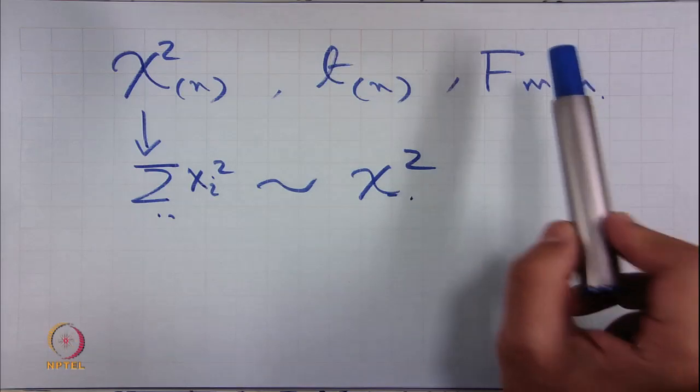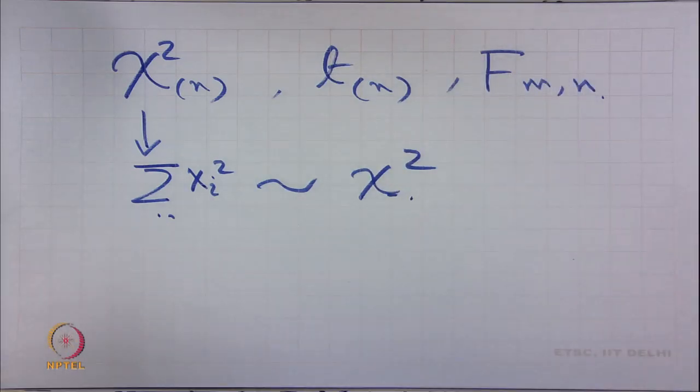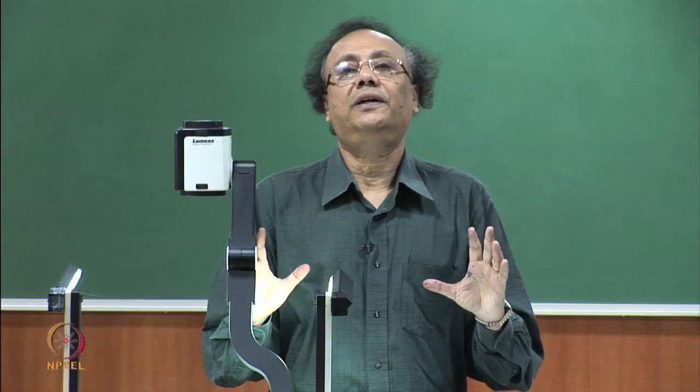As you can understand, that will give rise to a chi-square distribution. Now, why do we need F? Suppose we want to compare the variances of two different populations.